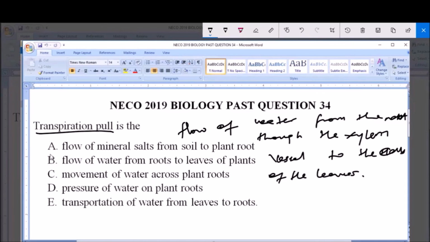And like we know, transpiration on its own simply means the movement or the escape of water from the stomata of the leaf, in form of water vapor, to the environment.